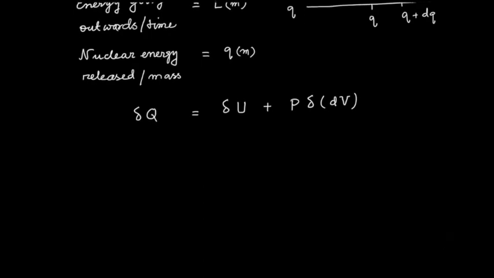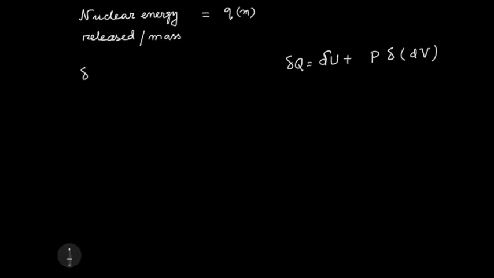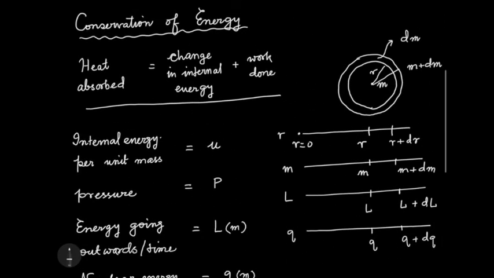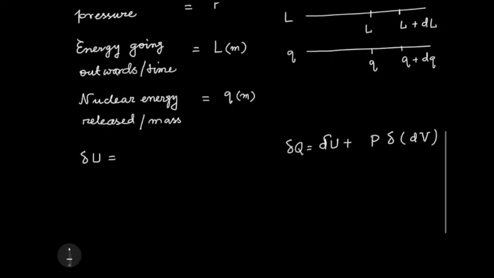Now let us look at the terms one by one. Delta U, what is U? U is the total internal energy, and we are talking about this small shell here. We are following this shell, and if it goes out or inside, we don't care. We are always following this shell which has the mass dm, right?